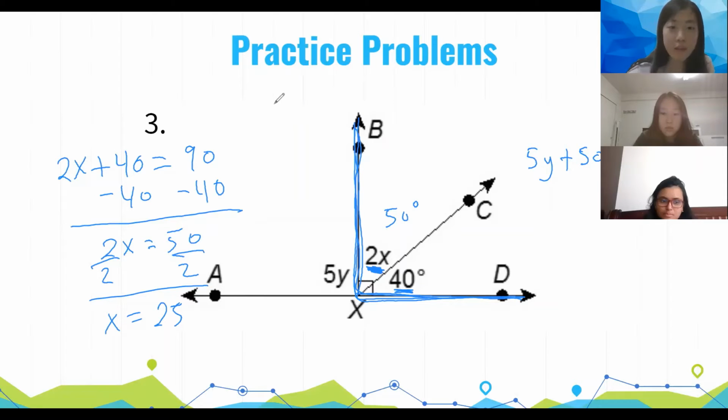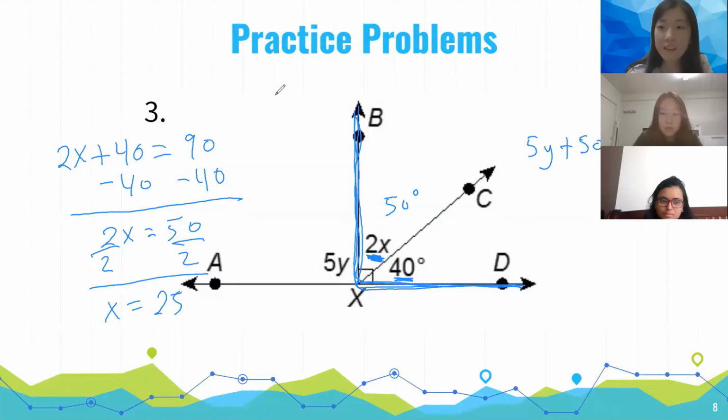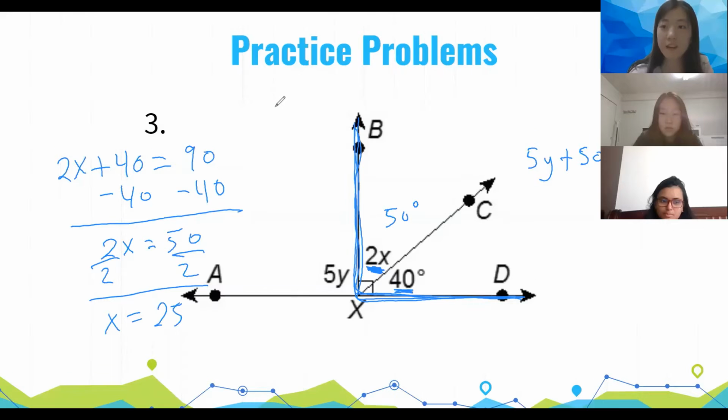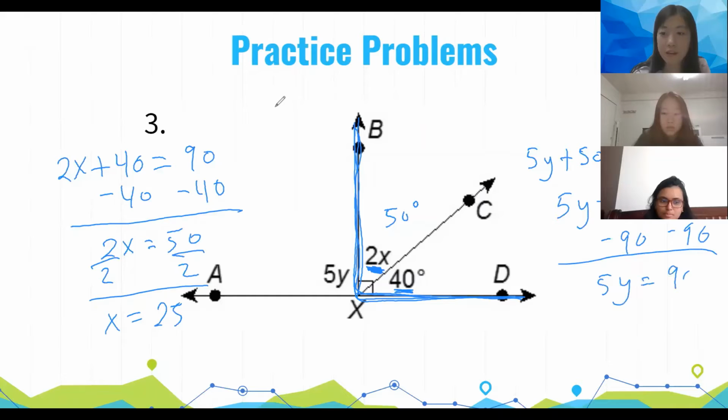And then we should add the like terms. So 5y plus 90 equals 180. Subtract 90 on both sides. We will get 5y equals 90.